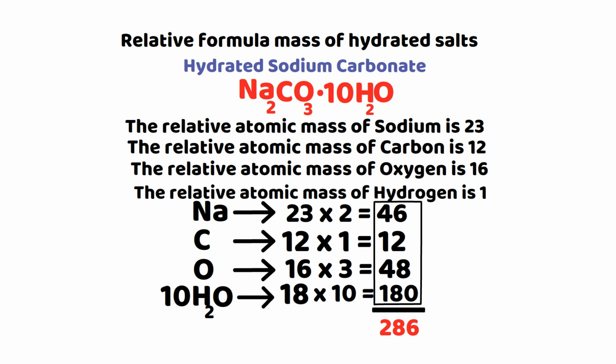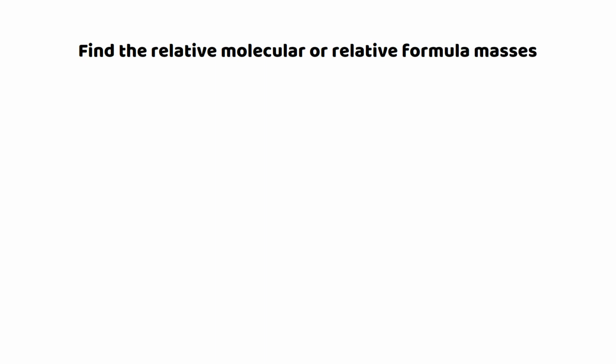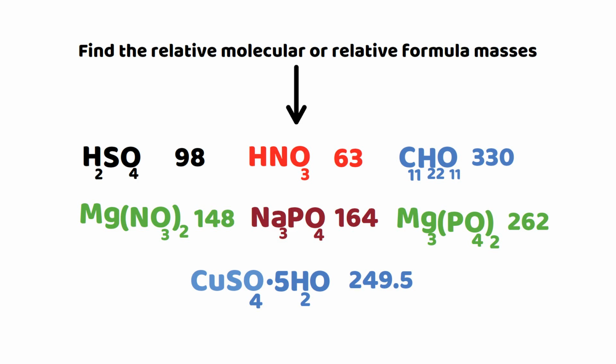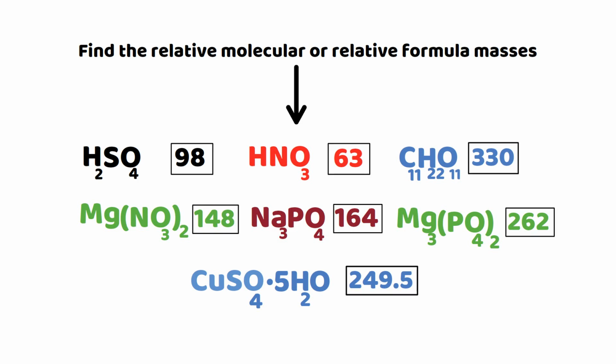That is the relative formula mass of hydrated sodium carbonate or Na2CO3.10H2O. Now guys, pause the video and try to find the relative molecular or relative formula masses of following compounds. If your answers are like these, then it means your calculations are correct.